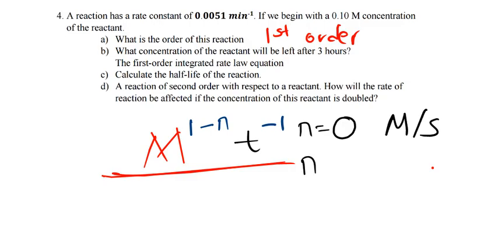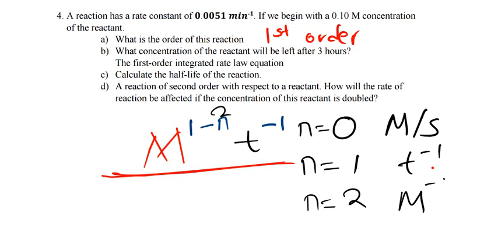If n is equal to 1, M will disappear, so it will just be time negative 1, which of course would be second negative 1 or minute negative 1. And then if you try the second order, if you put a 2 there, it's going to be M negative 1, and then time negative 1. So it's the first order that matches up.